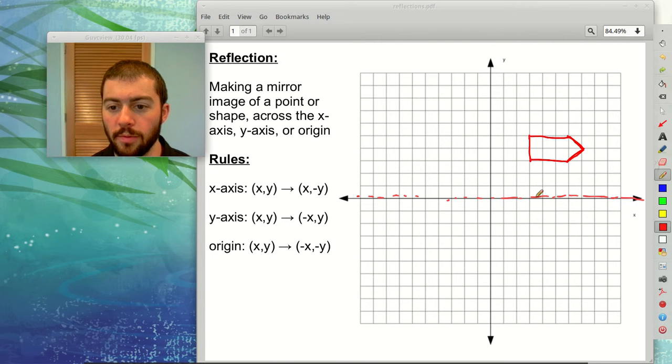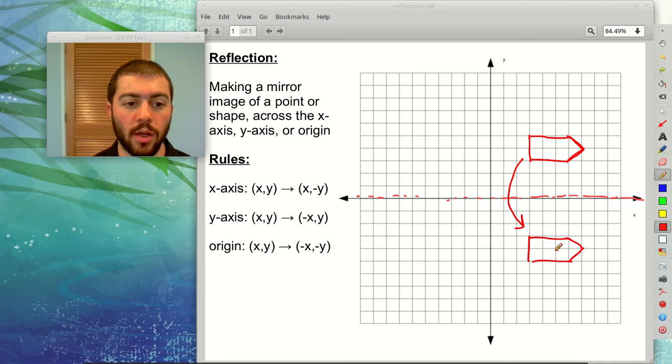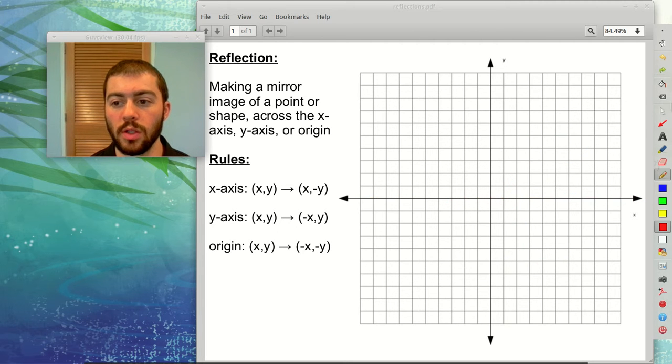If we reflect this pentagon over the x-axis, we would end up with something that looks pretty much like this. So we're taking the same pentagon shape and we just reversed it. The new image is going to be congruent to the original shape, right? So we're ending up with the same shape here, it's just oriented a little differently, and that's what we're going to end up with when we do these reflections.